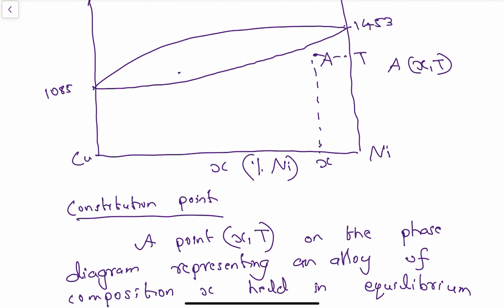This is also a constitution point, let us call it B. A is X1 and T1, and B is X2 and T2. The point B has a different composition and different temperature, so it is at a separate phase.